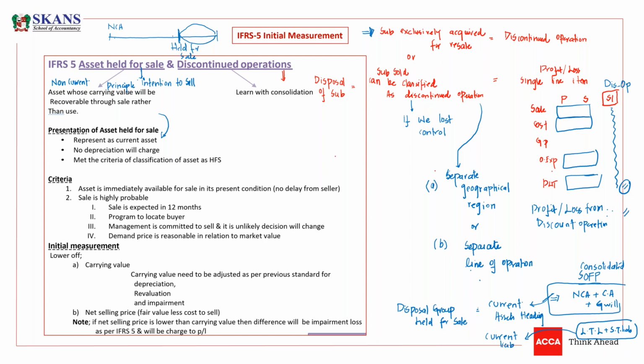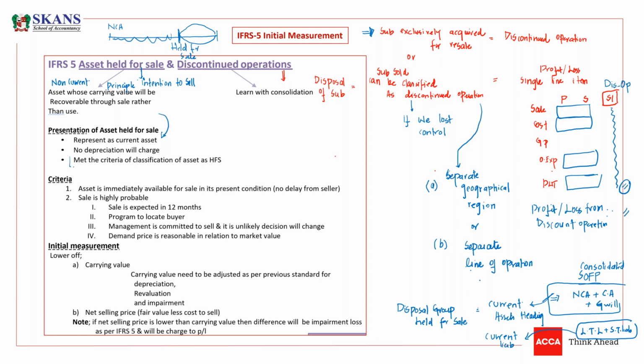But yes, in these 6 months we will be charging depreciation because it was a non-current asset. So if assets are classified as held for sale, we will be charging depreciation before classification, and after classification we will stop the depreciation.